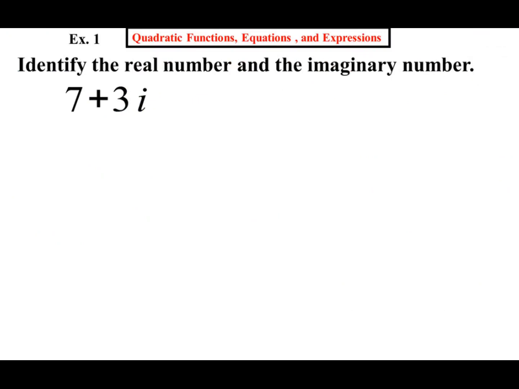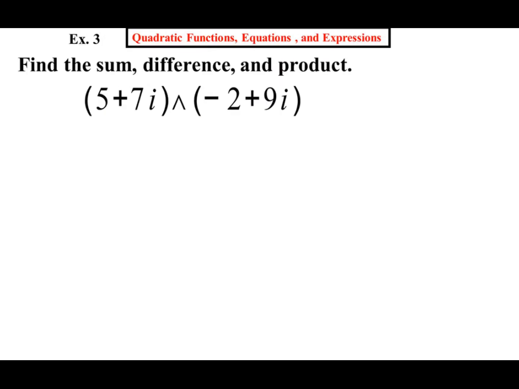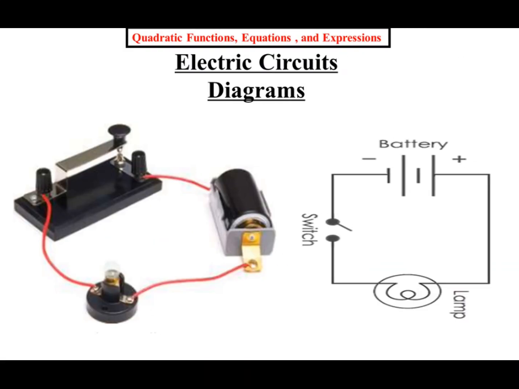So, yesterday we covered just identifying which one was which. We're good with that. From there we got into computation, which is sum, difference, and product. That was last night's home play. Then we got to electric circuits. I presented a basic one, and then I showed you more intricate ones.